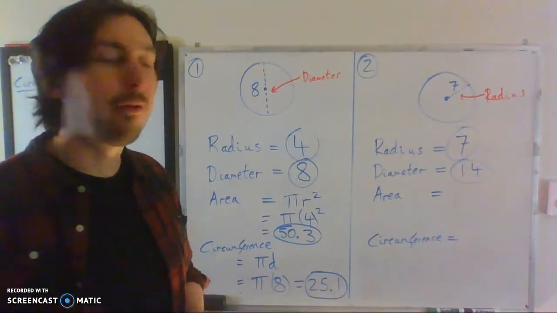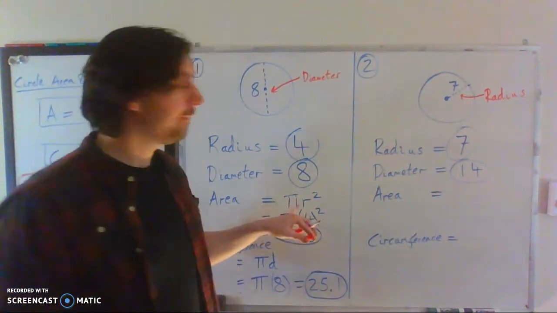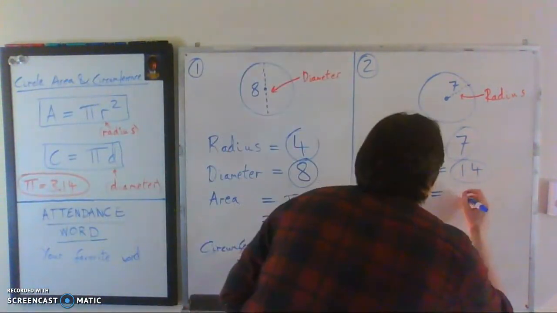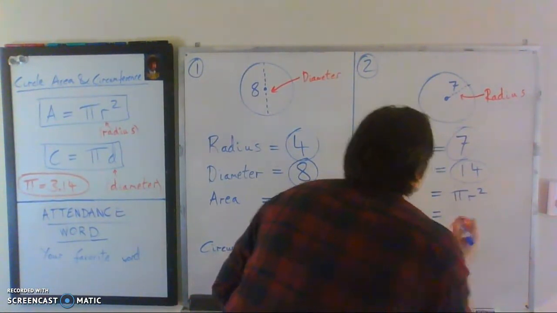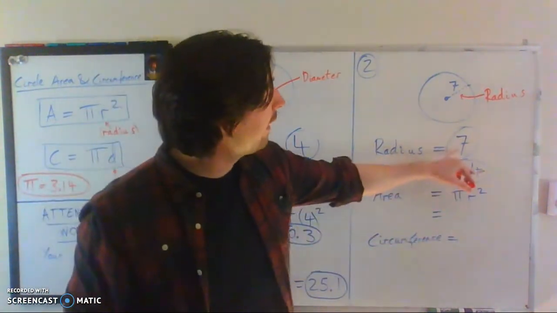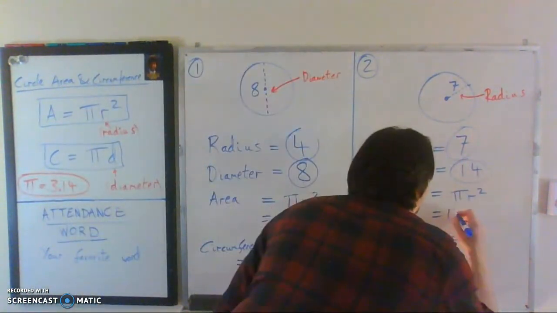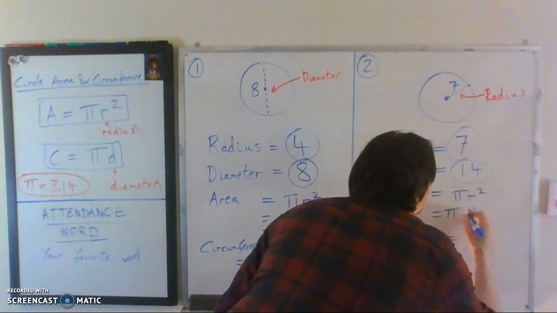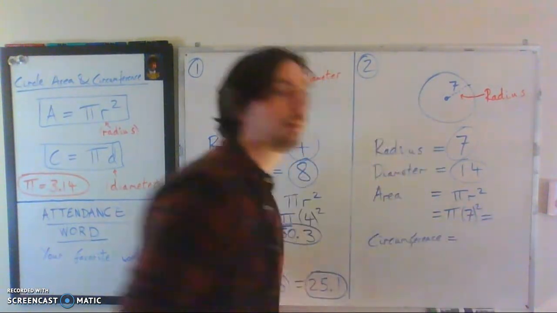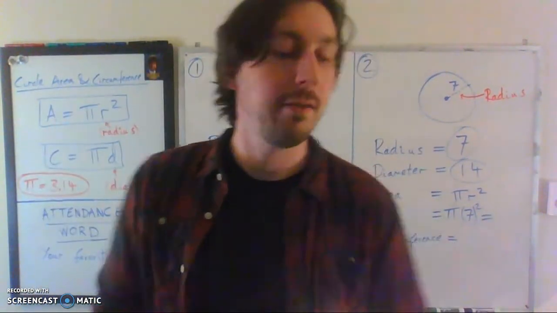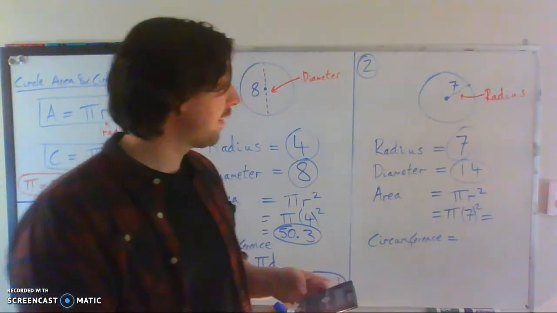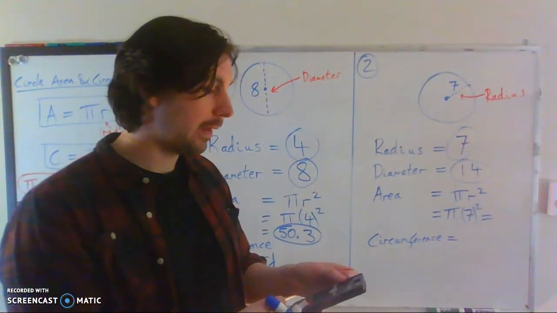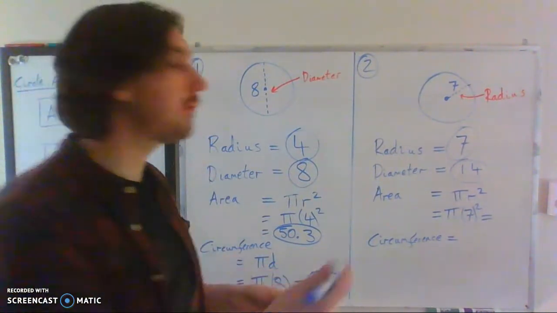And now we can do the area. Area, again, is pi r squared, and r in this case is the radius, which is 7. So pi times 7 squared. 7 squared is 49, and we times that by pi, and it gives me 153.9.